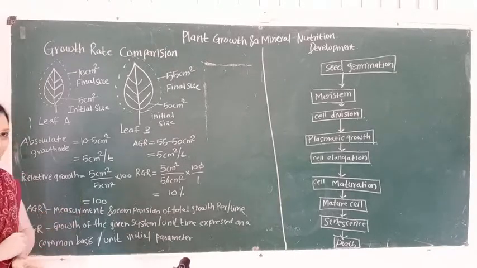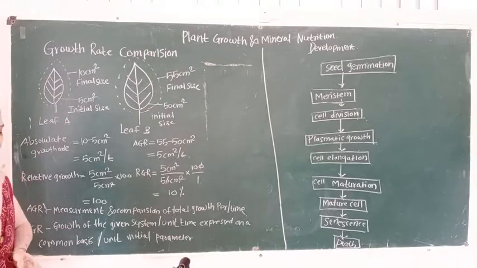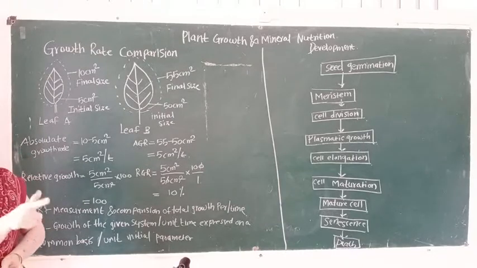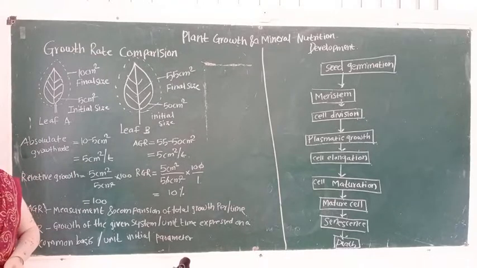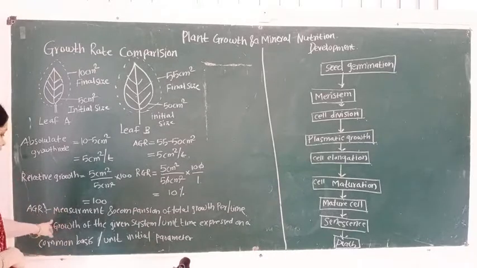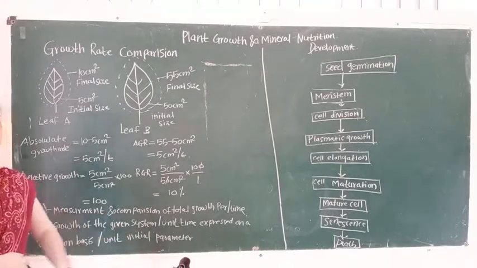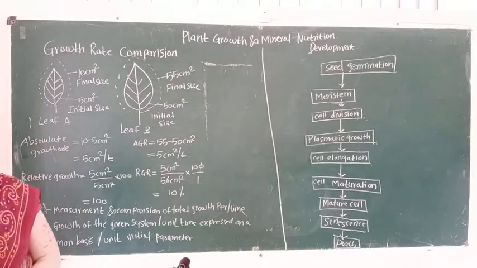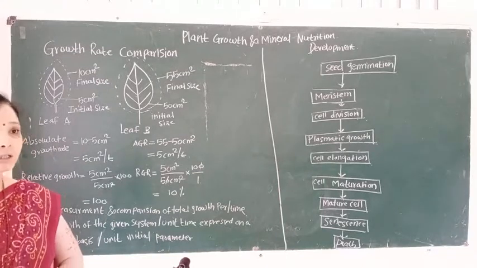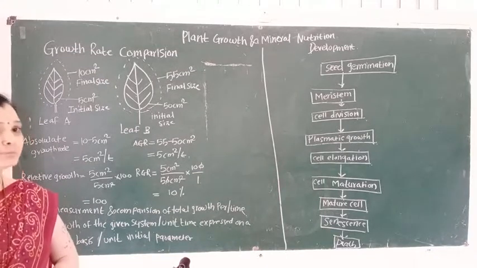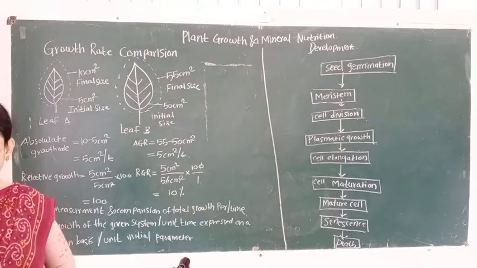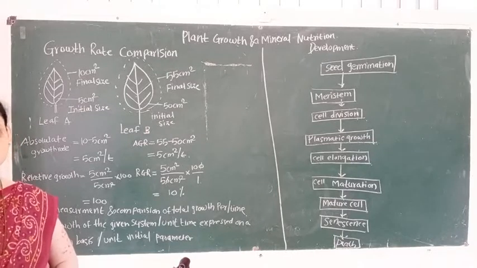Absolute growth rate means measurement and comparison of total growth per unit time. Measurement and comparison of total growth per unit time is known as absolute growth rate, that is AGR.